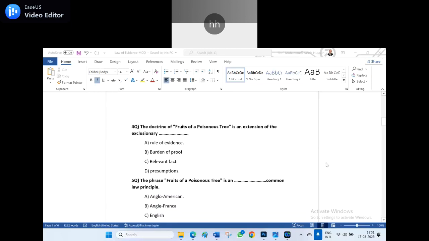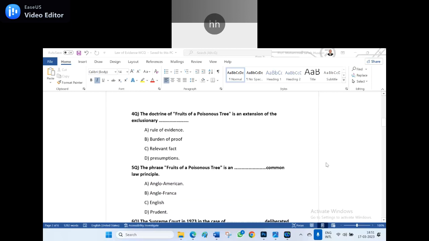Now, fifth question. The phrase fruits of poisonous tree is a dash common law principle. A, Anglo-American. Option B, Anglo-Franca. Option C, English. Option D, prudent. Prudent, wrong.